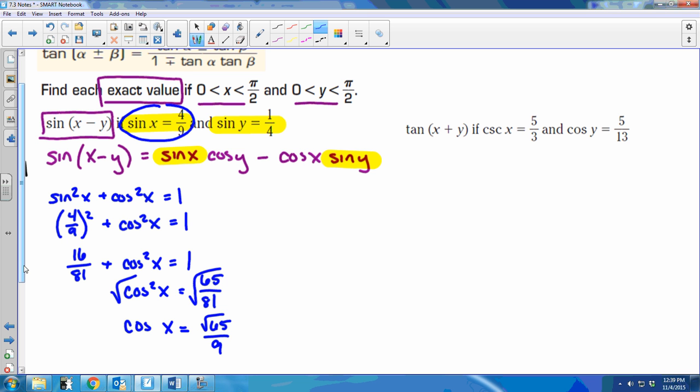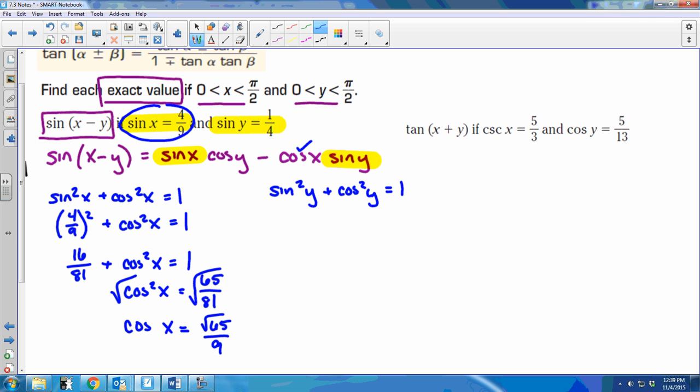So we need cosine of Y. We do the same thing. We just have to use the sine Y piece that we had to find cosine Y. I told you guys, learning target 5 is just extensive amounts of work. So it's knowing your identity. So for cosine Y, we're going to do the same thing.